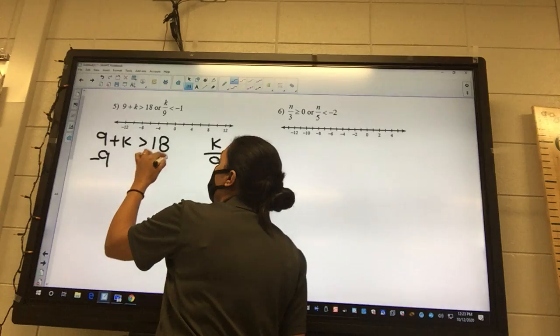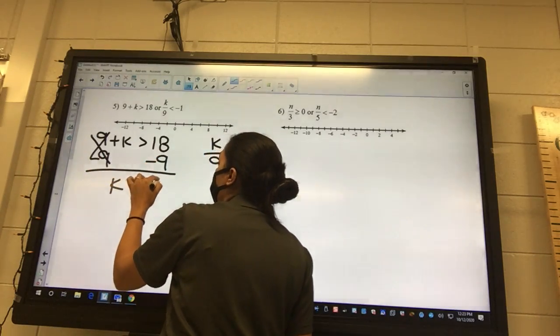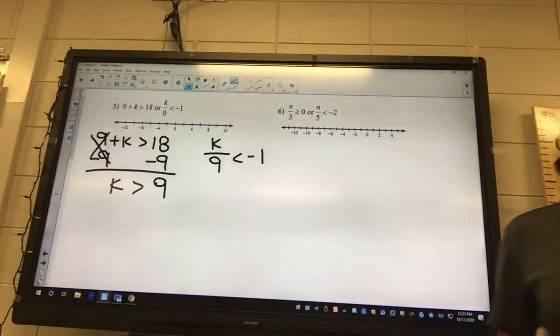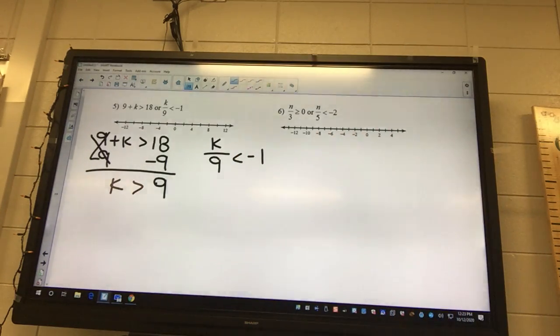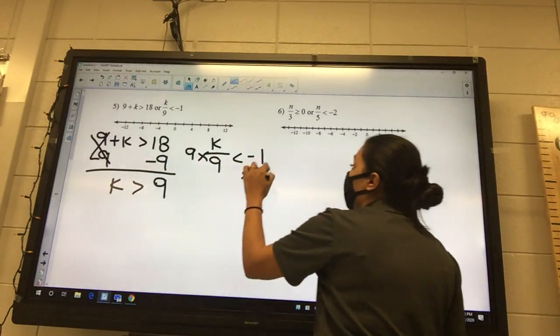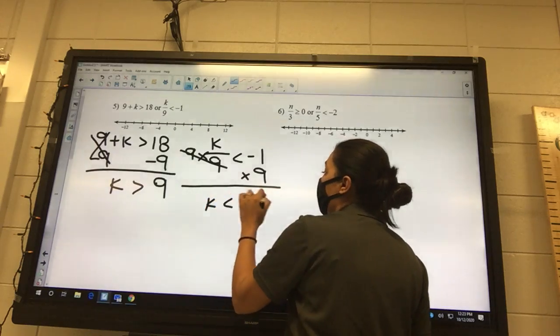If we do it to one side, we gotta do it to the other side. So I got k, and I got 9. Okay, what about the other one? How do I solve that one? Multiply both sides by 9. These ones cross out, so I got k, and I got negative 9.